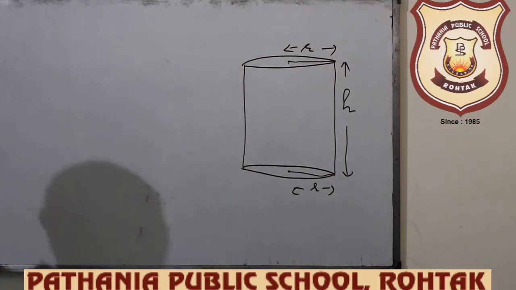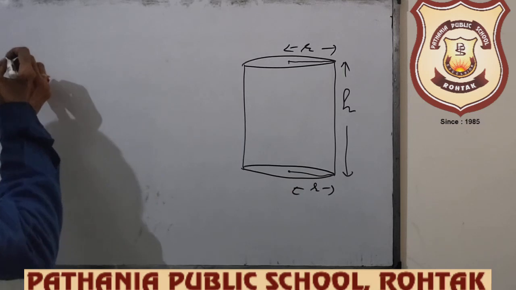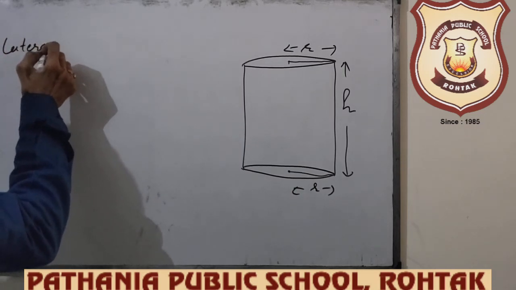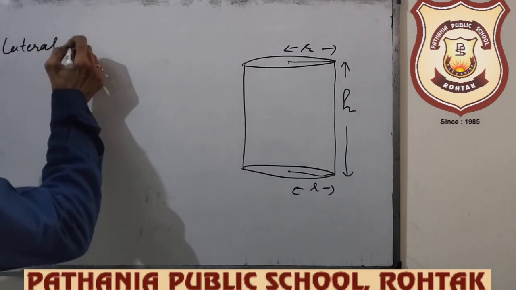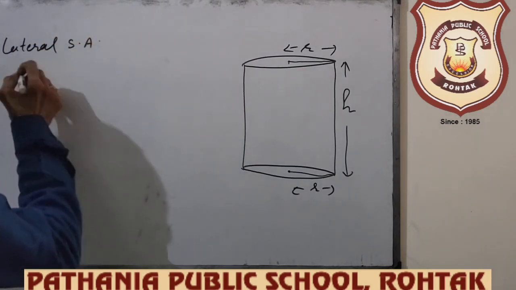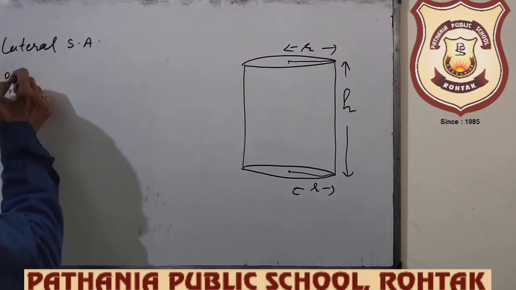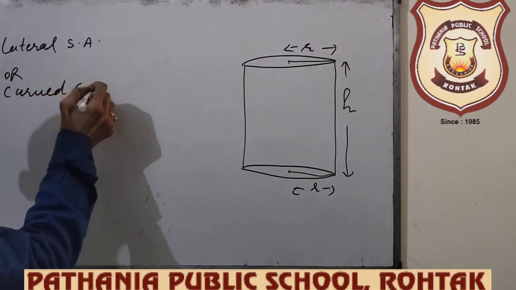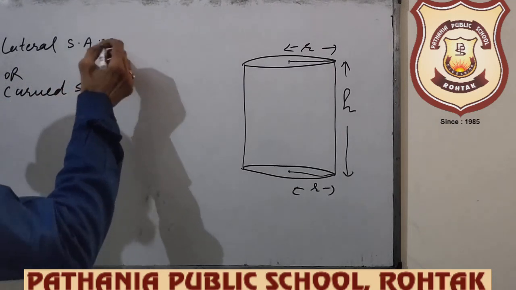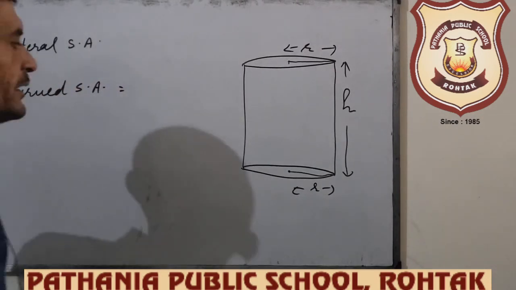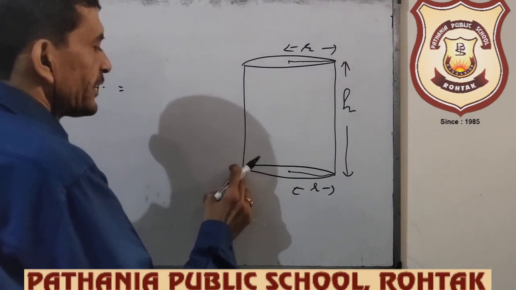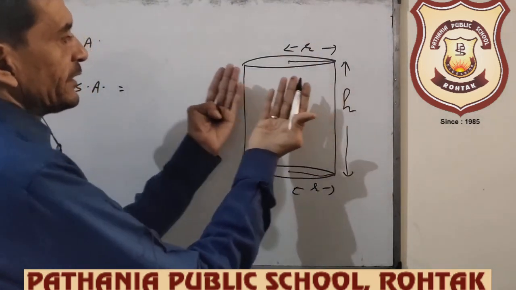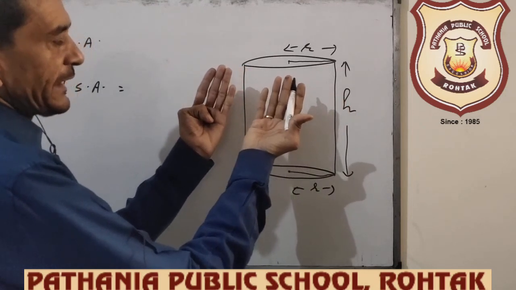So beta, in this, first of all, the lateral surface area. In case of cylinder, we can also call it curved surface area. Both are the same thing. If we cut it along its side and spread it, it will be like a rectangular sheet.